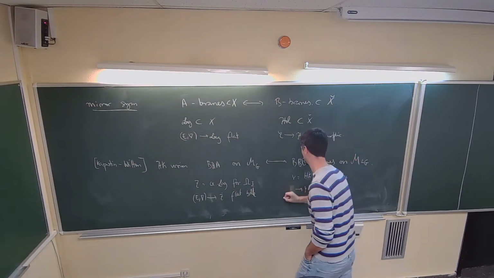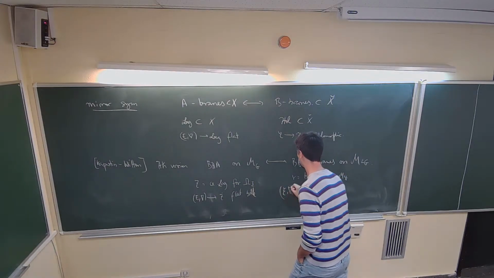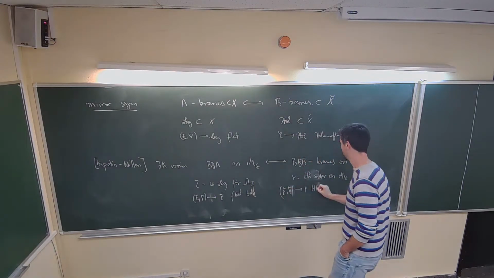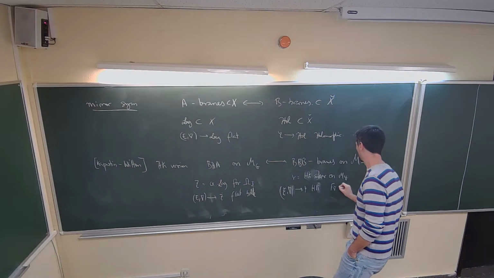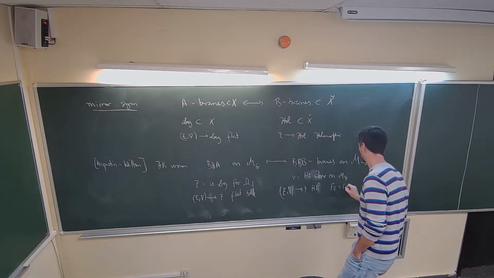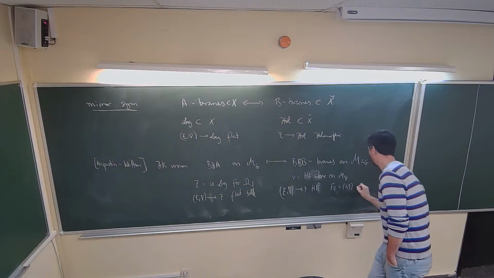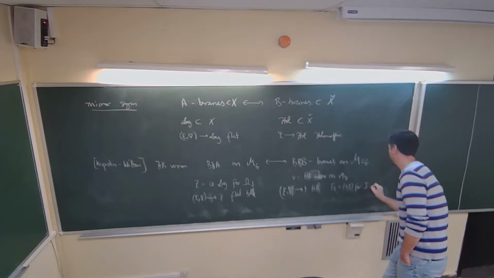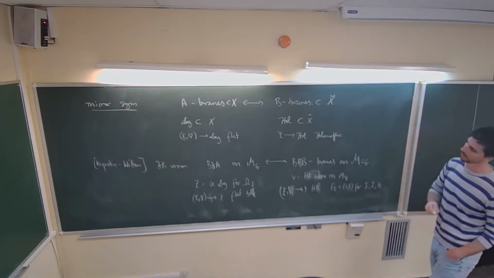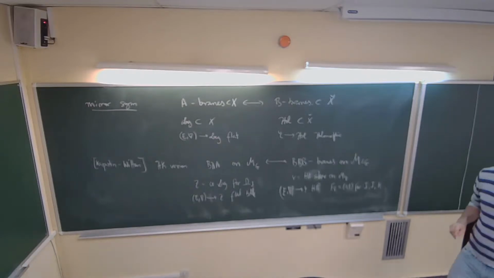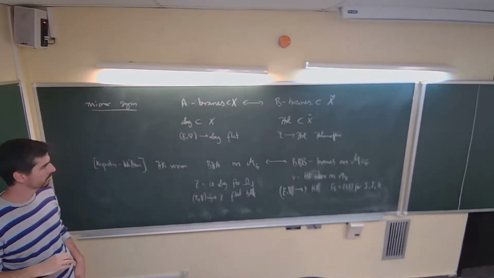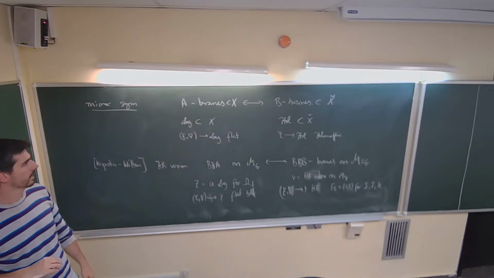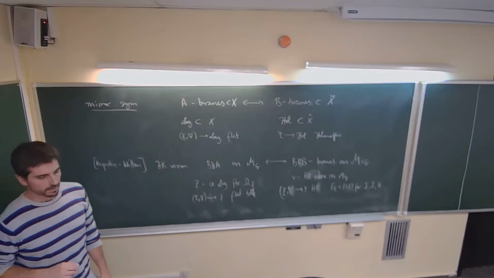So meaning that this comes with a connection whose curvature is (1,1) for I, J, and K. Okay. So we have promoted this correspondence between B branes and A branes to BAA and BBB branes.